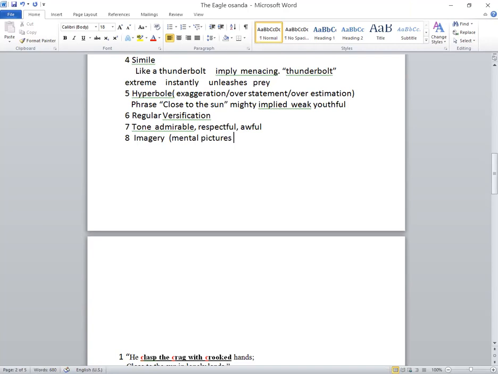Mental pictures created through words. That is imagery. Right.